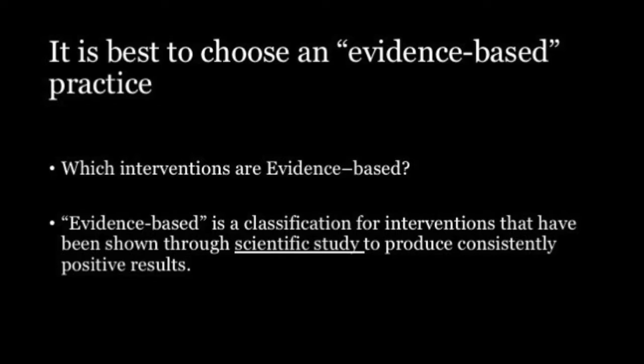How do these clearinghouses determine which proof is sufficient, or what kind of proof is sufficient, or which interventions are better than others? Well, evidence-based, like I said, is a classification for interventions that have been shown through scientific study to produce consistently positive results.